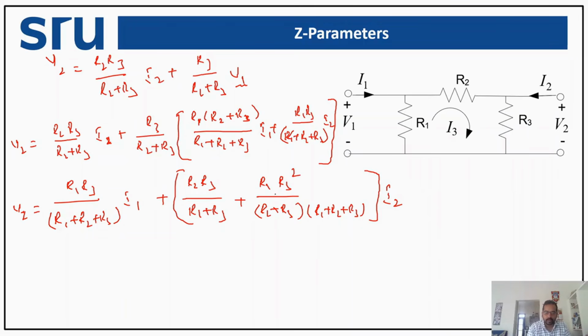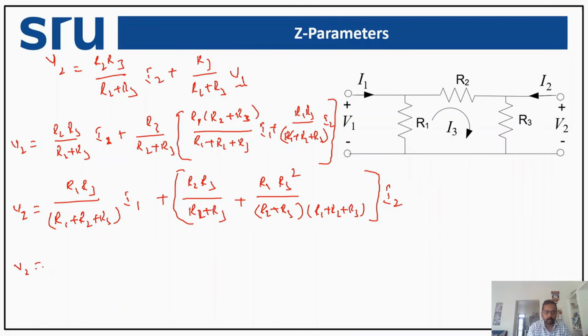And now we shall rearrange the particular terms over here. Now try to take this R2 plus R3 as common. We have R2 plus R3 over here and we have R2 plus R3 over here. We should take this as common.